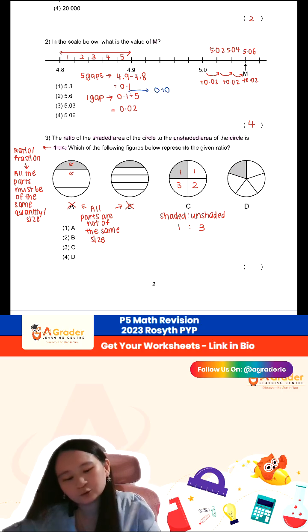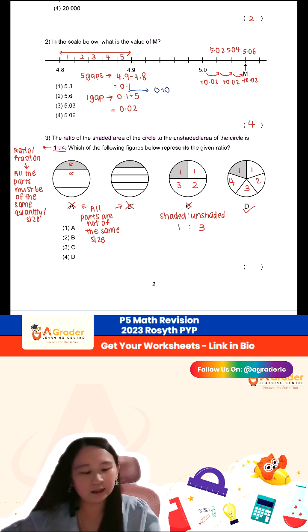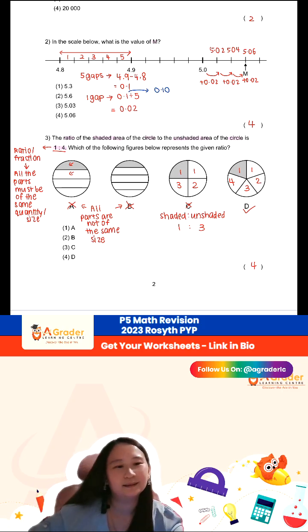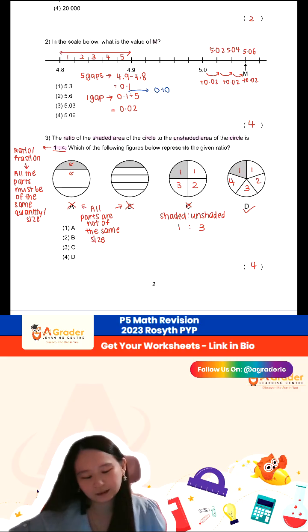But they want 1:4, so C is also out. So for part D, one shaded part is to 4 unshaded parts. So D should be the answer. Yep. Okay. So it should be option number 4.